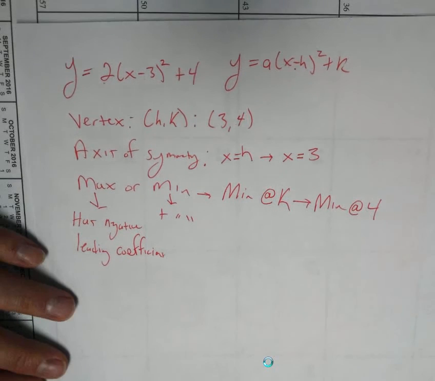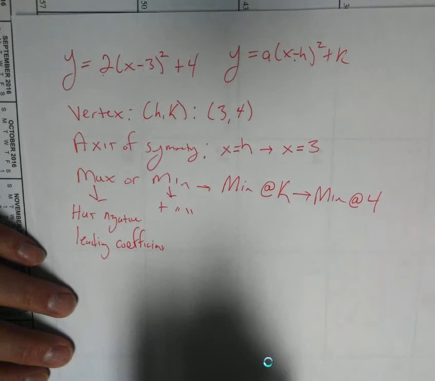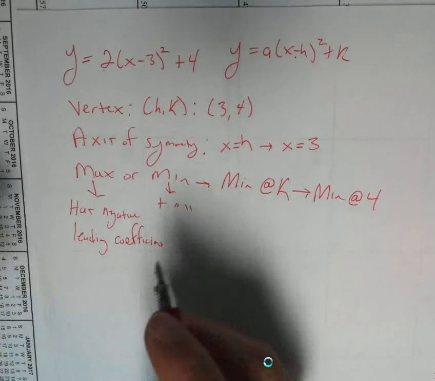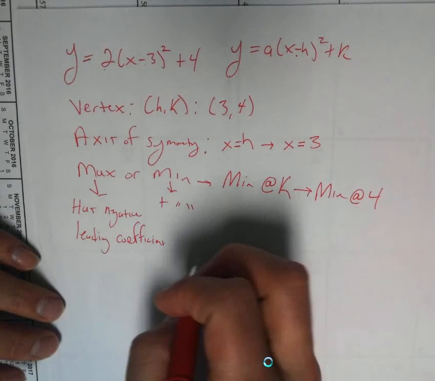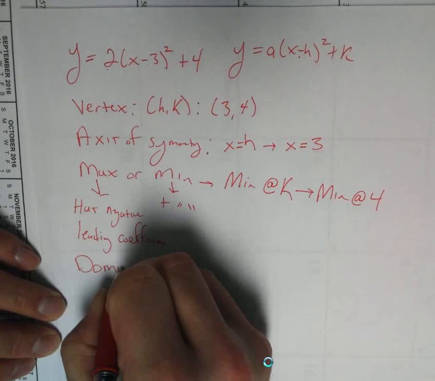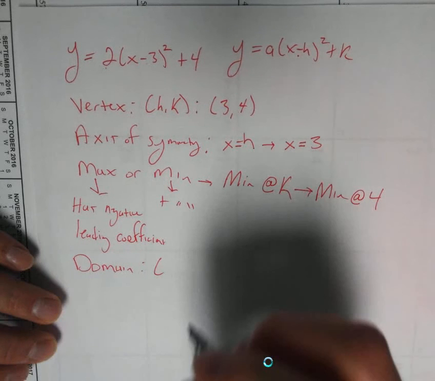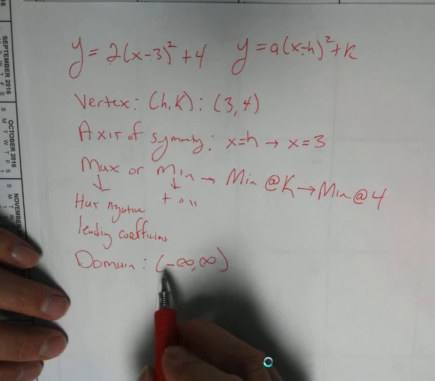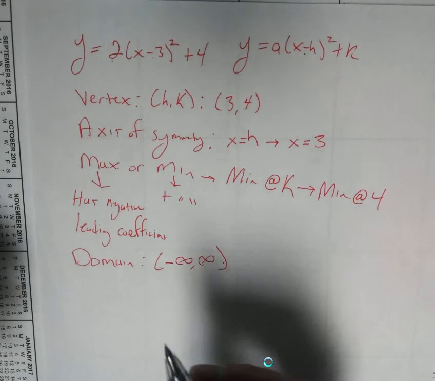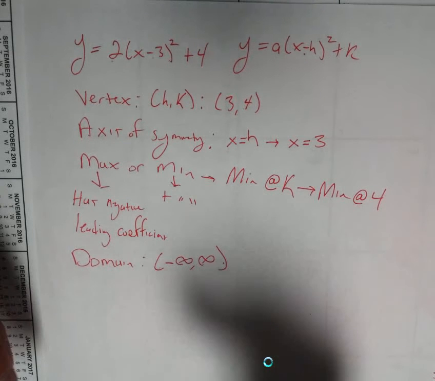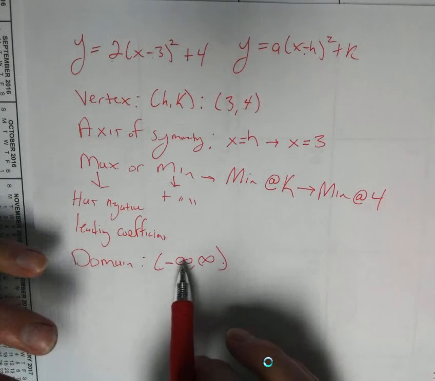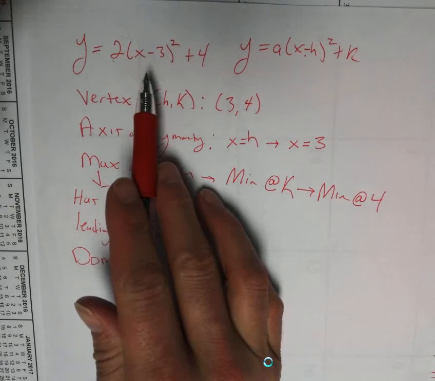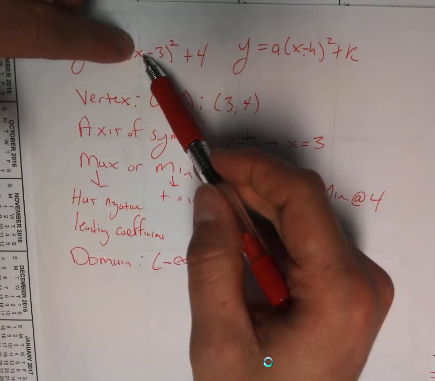Alright. Next thing we can identify is the easy things to identify. We can easily identify domain. Domain we can identify for both. The domain of any y equals quadratic is always going to be negative infinity to infinity with parentheses, because we can't equal infinity, because you can't equal every single number at once. Now from this we know this is because is there any x value that I put in here, will I always get an answer? So basically, if I input something, will I always have an output?